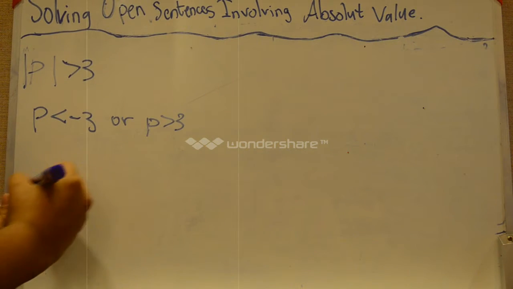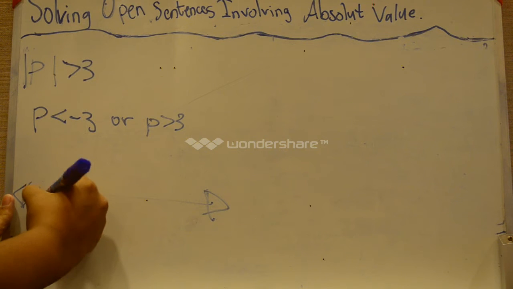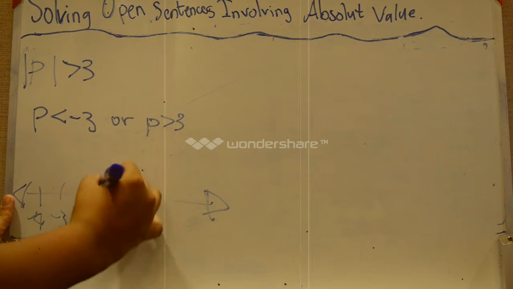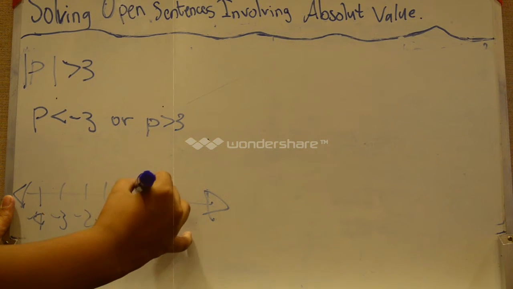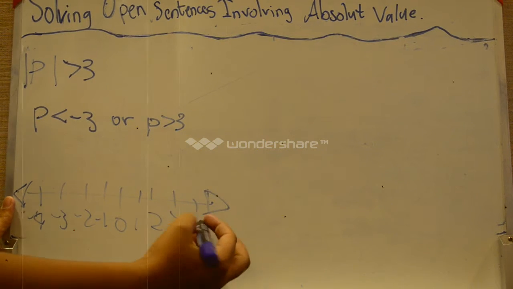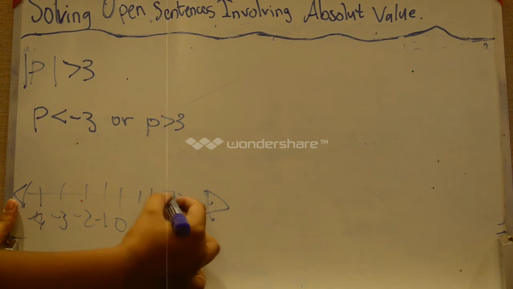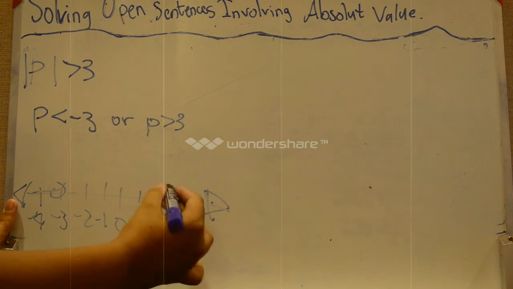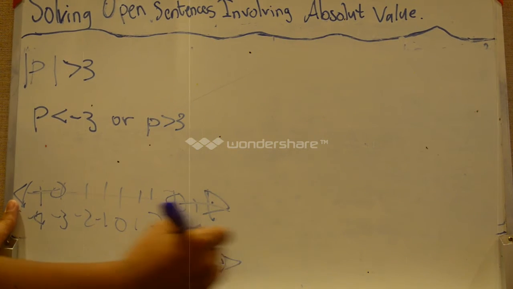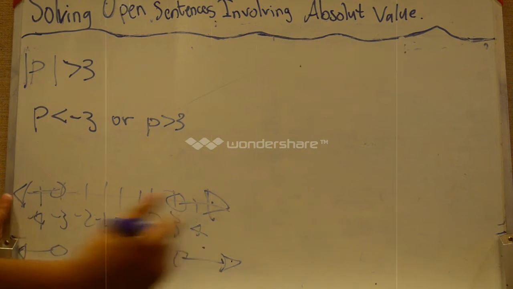So the answer will be like, just draw the line and then -4, -3, -2, -1, 0, 1, 2, 3, 4. So here is the answer. We can't see, so I will draw it here. The 3, because 3 is here, goes there, and -3 over here. So just this side, that side is free.